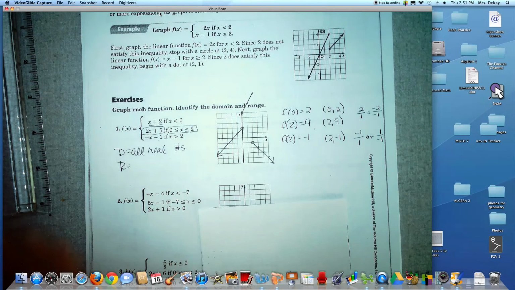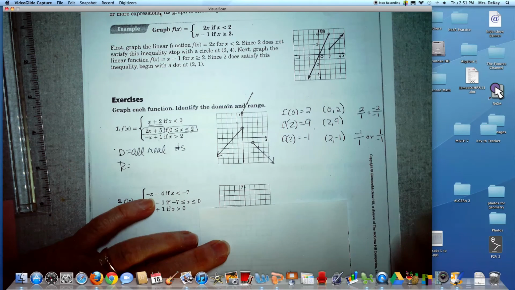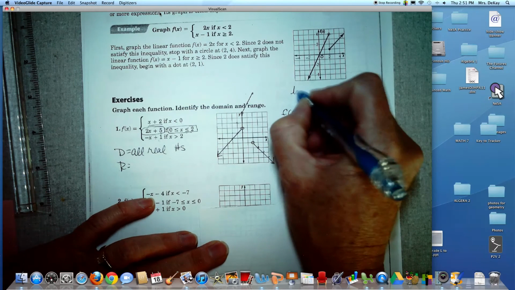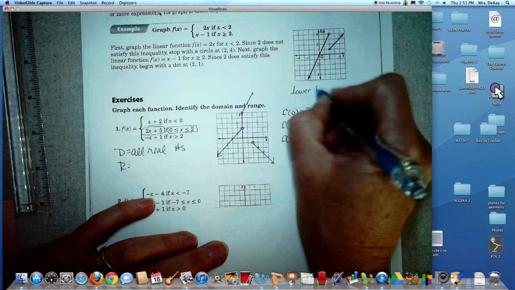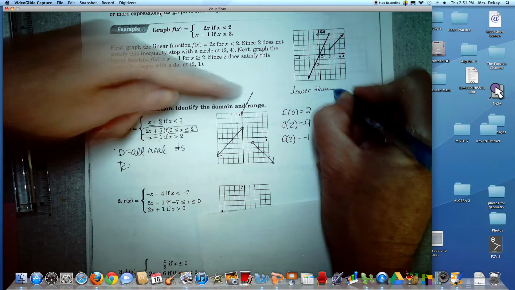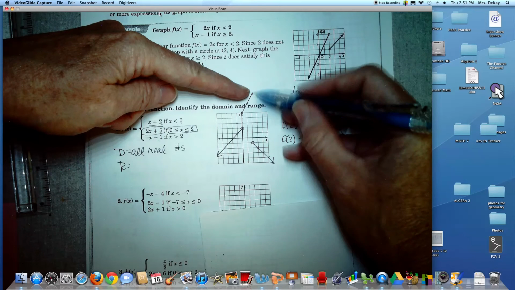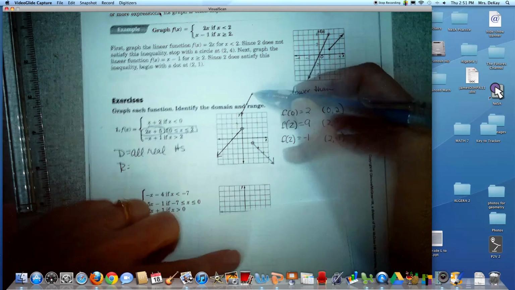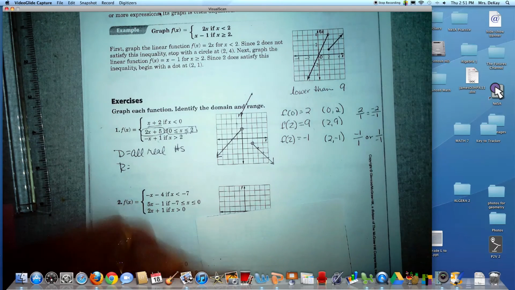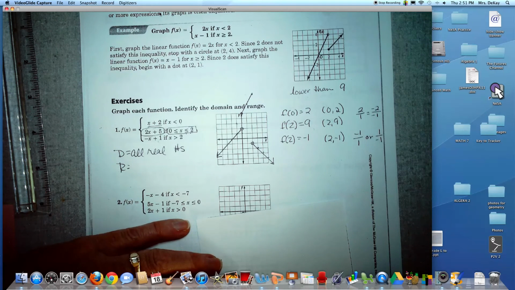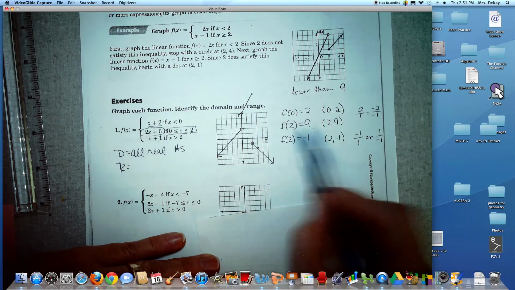So we have to think of all the things that it does before I write this out. It's lower than this point, which I don't even know what this point would be. It's 9, isn't it? It's lower than 9, because remember when we put 2 in there, we got 9.